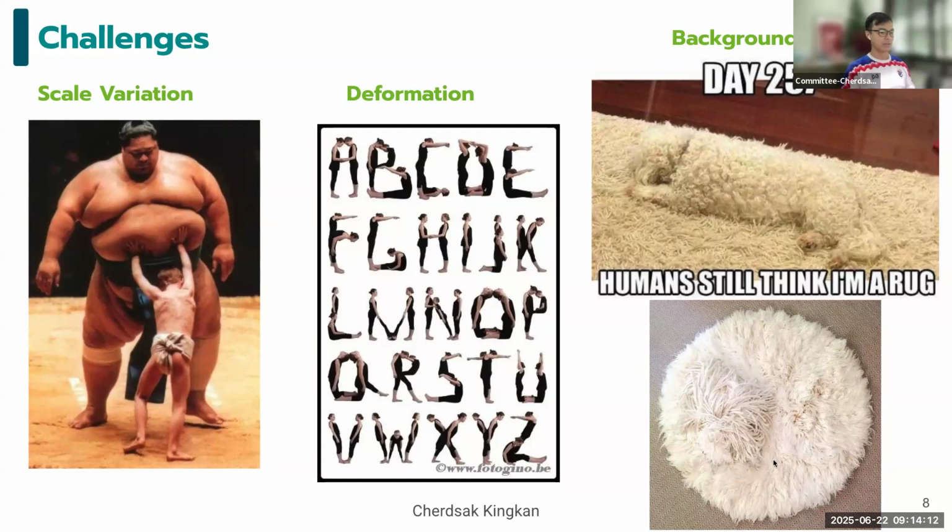For example, the one down below here, if we don't pay close attention, we don't even think that there's a dog within this image, right? But there actually is a dog inside this rock. So even we as humans sometimes struggle to detect some objects with this challenge, all right?